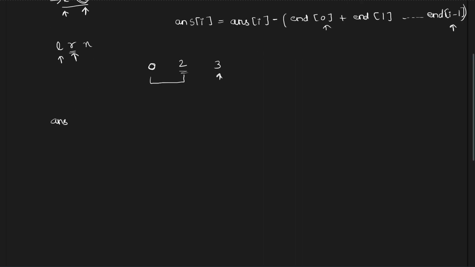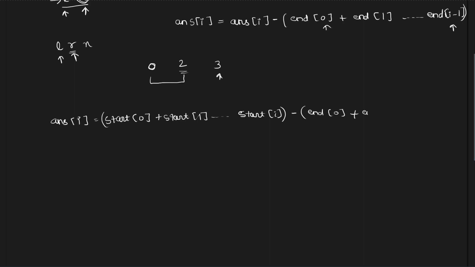So answer of i is equal to: elements starting from 0 will contribute, starting from 1 will contribute, and so on up to starting from i will contribute, excluding the elements which have ended at 0, or which have ended at 1, up to which have ended at i minus 1, right?